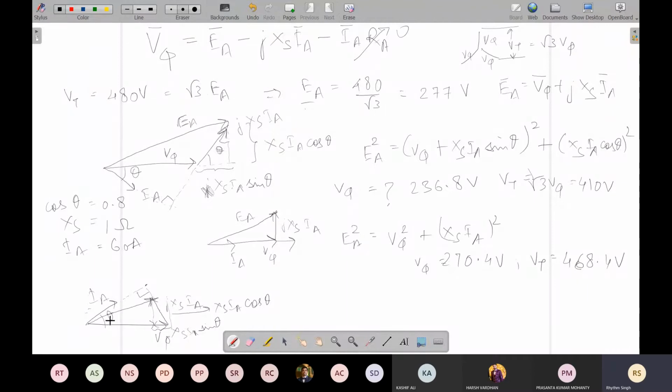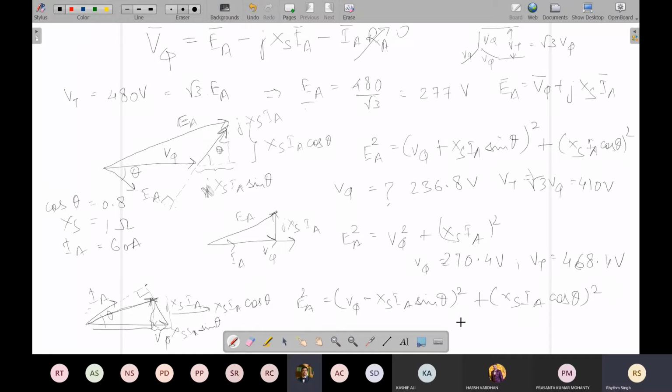Now if I apply Pythagoras theorem to this triangle, I can say that EA square is equal to V phi minus axis IA sine theta whole square. That is the base of the triangle, and perpendicular is axis IA cos theta.